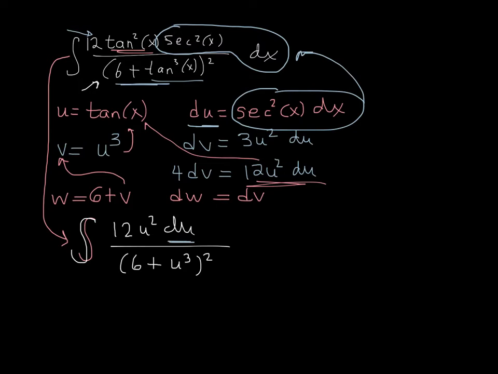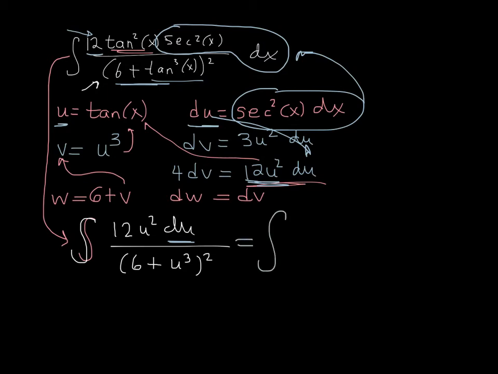And then once again, working backwards, my du becomes this 12, which is still that same 12, and then my tangent is u, so it becomes u squared, and on the bottom all I'm doing is substituting u for tangent once again. Alright, so it's just doing all this crazy substitution.